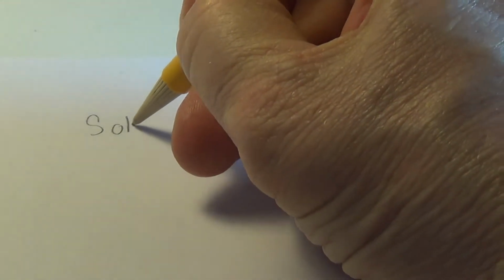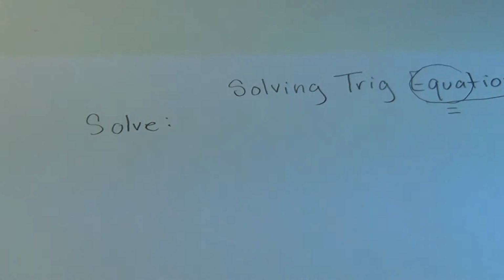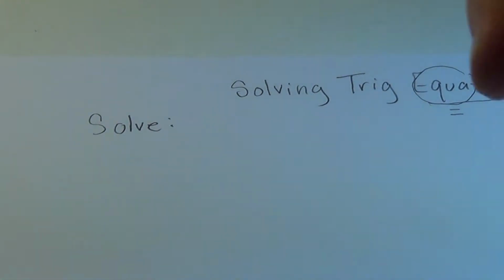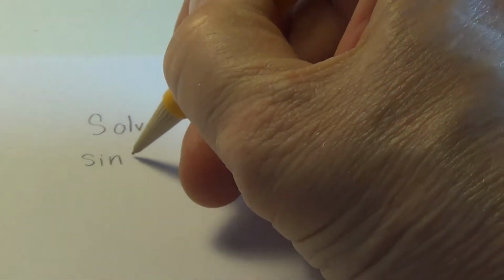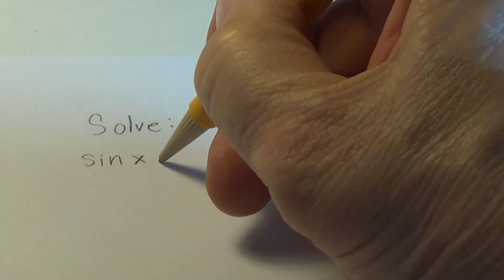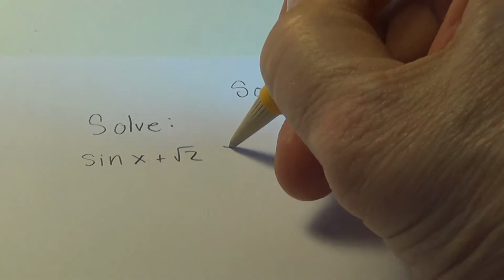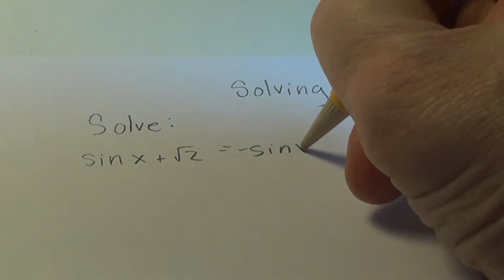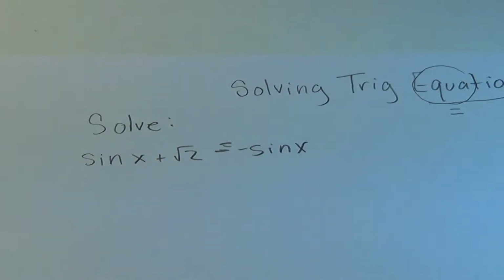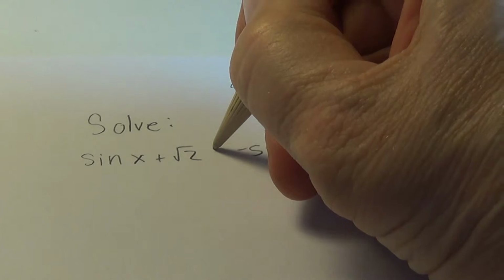The command is not simplify, the command is not verify, the command is solve. And we are going to be solving trig equations like this one, and I'll go through 3 of them and call it a night. Alright, so remember to take notes. Show me your notes tomorrow. My equals sign went a little crazy.